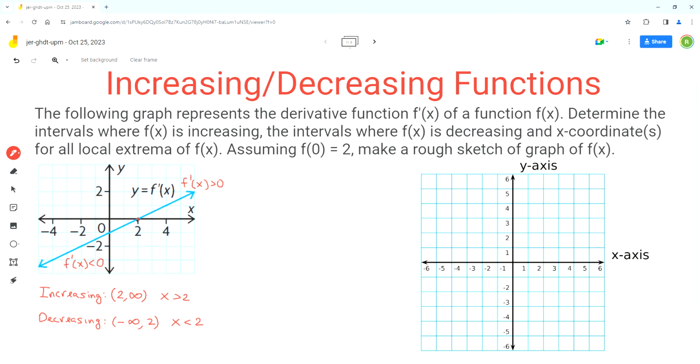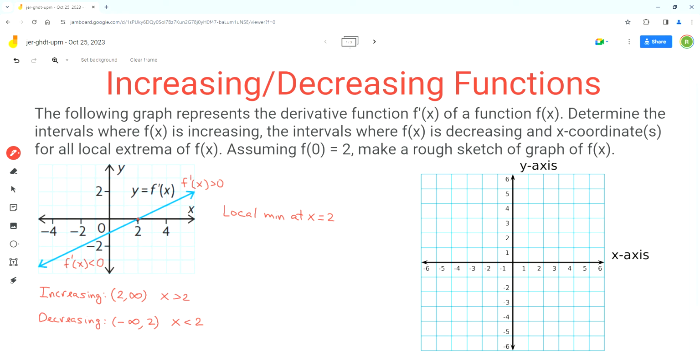So therefore there is a transition as we go from left to right, from decreasing to increasing. That means there is a local minimum at x equals 2. This is a very important concept you need to understand and memorize about analyzing graphs of f prime of x.